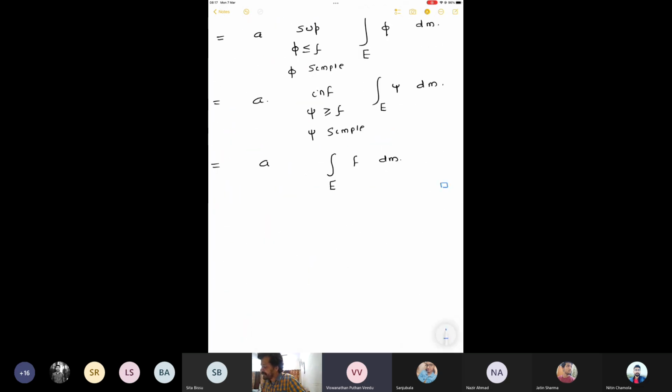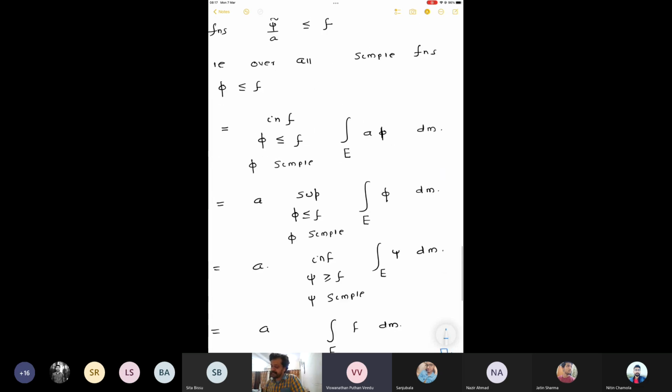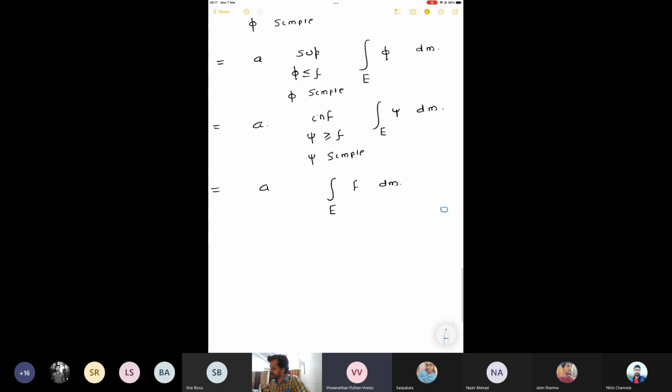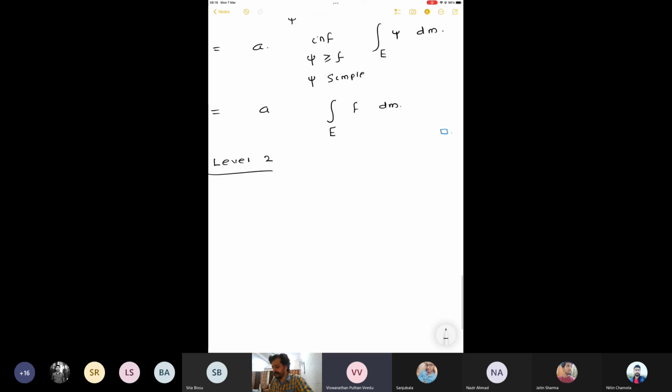So that finishes level 1. Now in level 2, what we did is, instead of putting the condition that f should be bounded, we avoided the boundedness of f, but compensated it with non-negativeness of f.